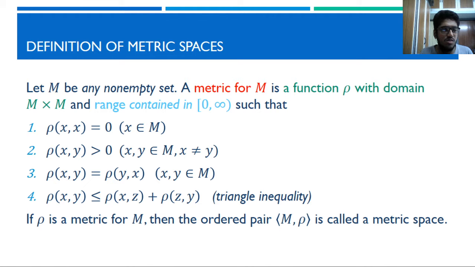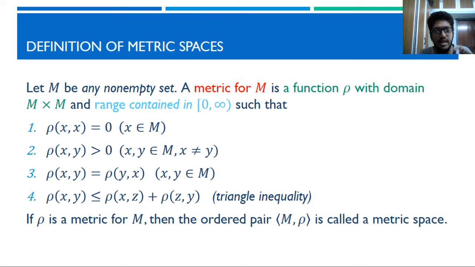So it says rho of x, y is less than or equal to rho of x, z plus rho of z, y. Now, there are 6 conditions. Though we have numbered only 4, there are 6 conditions. And if rho satisfies these 6 conditions, we call rho, this particular function, a metric for M.